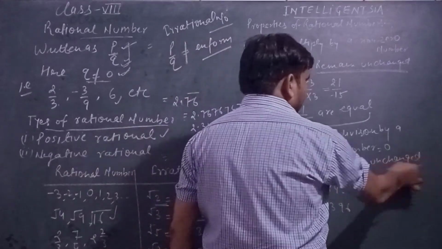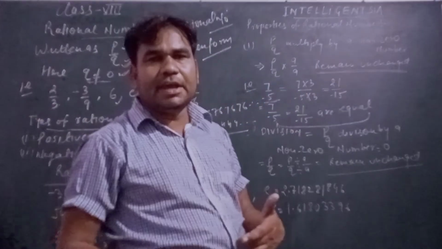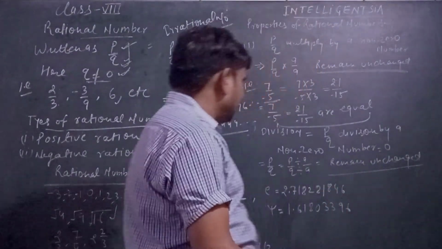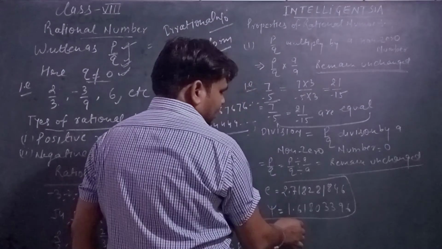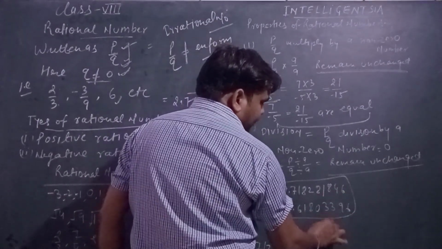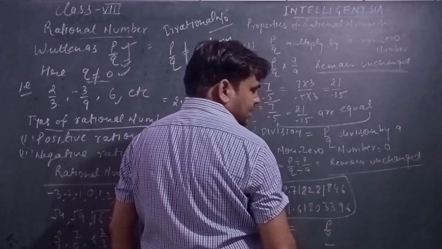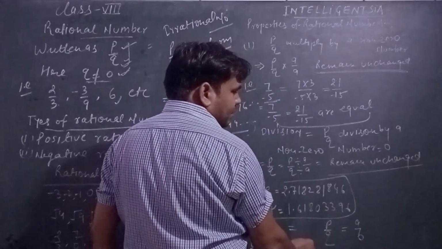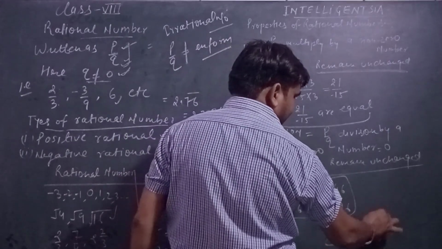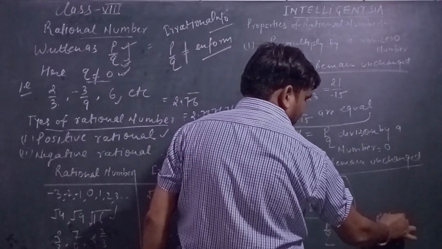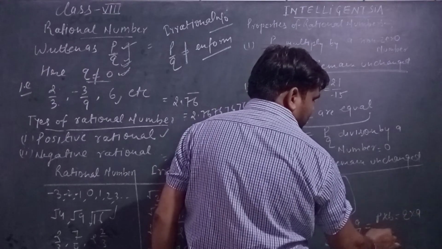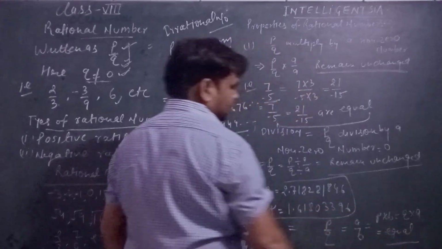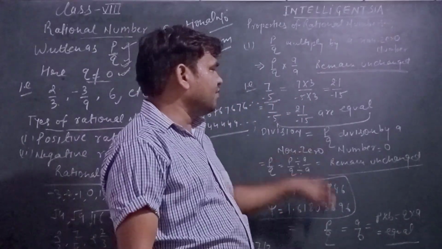This also remains unchanged. In the same way, when we take two rational numbers, P over Q and a over b, when we get P multiplied by b equal to Q multiplied by a, this is the equality condition we find. So this is the second division property.